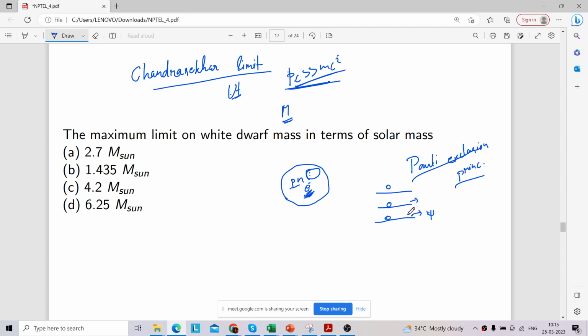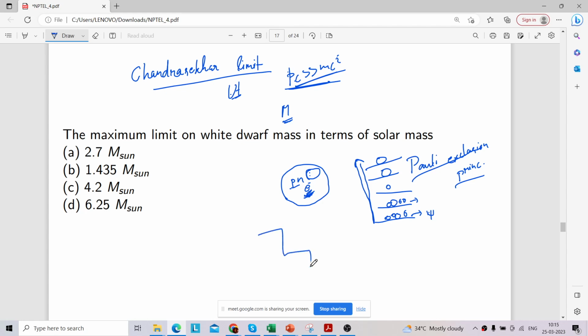That means if you compare it with a staircase, one marble can occupy only one step. So finally they will occupy all the energy levels. But if they consist of some bosons, then what will happen? More than one particle can occupy the same energy level. So this arrangement decides the size of the star. That means what?